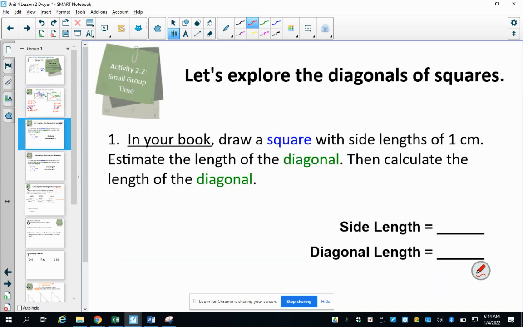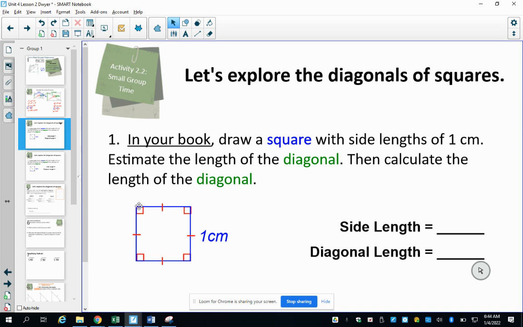All right, so taking a look at the next activity in your book, draw a square that has side lengths of 1 centimeter. So you need to draw a square in there, make sure that it has 90-degree angles, and draw each of the sides with 1 centimeter. And then you're going to estimate the length of the diagonal.